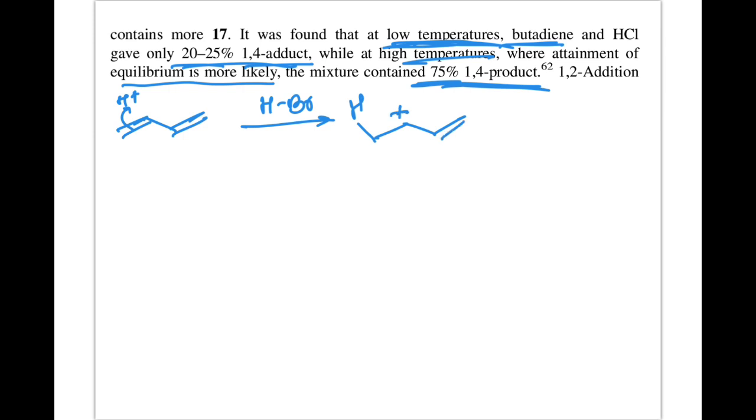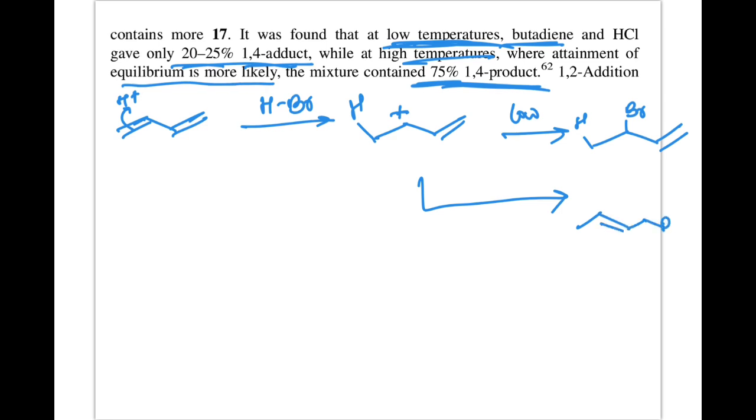Now at low temperature, where a very high activation energy cannot be provided, at this point you are absolutely going to get the HBr addition right over here. But when the reaction has more time and more heat, then absolutely you are going to form this product, which is the thermodynamic product, the 1,4 product.